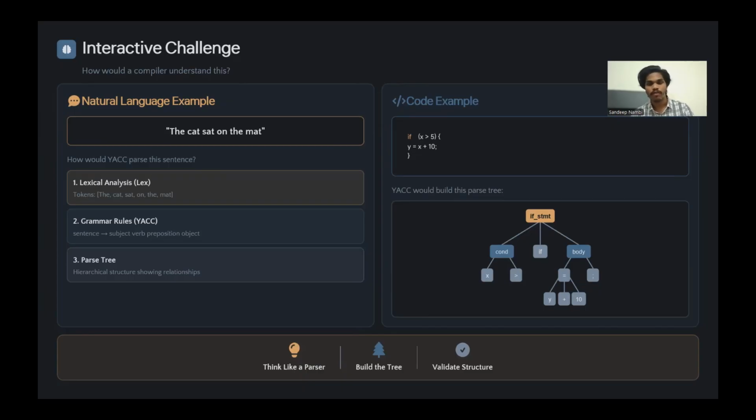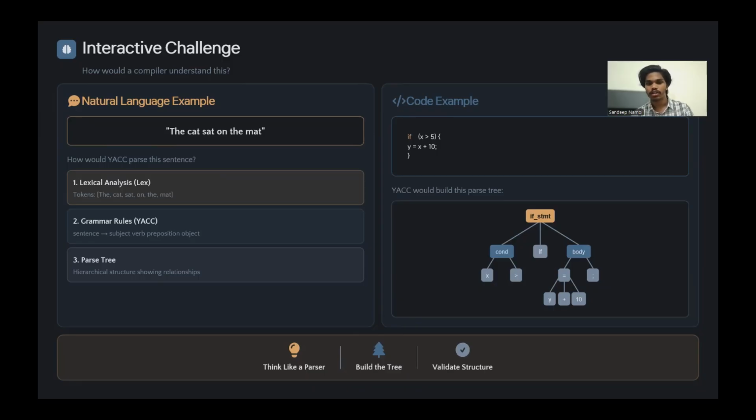Now on the right, we have a code example, that is an if condition: if x greater than 5, y equal to x plus 10. The compiler first breaks it into tokens like if, x, greater than, 5, y, equal to, x, plus, and 10. Then YACC checks the grammatical rules or syntax errors of the code, and it recognizes this as an if statement with a condition and a body.